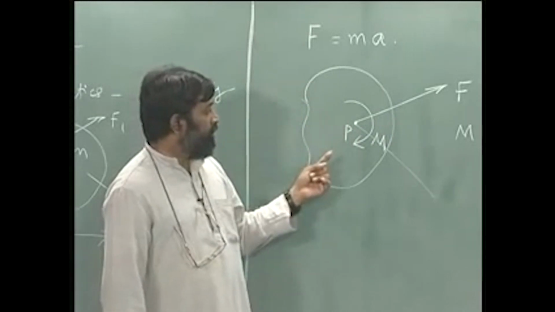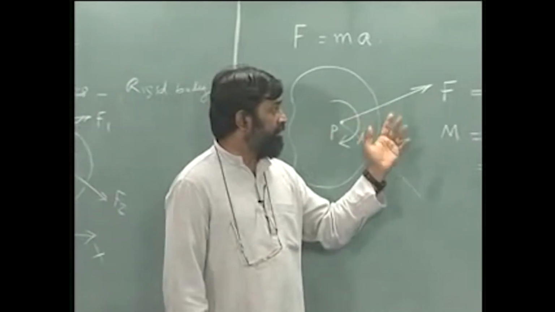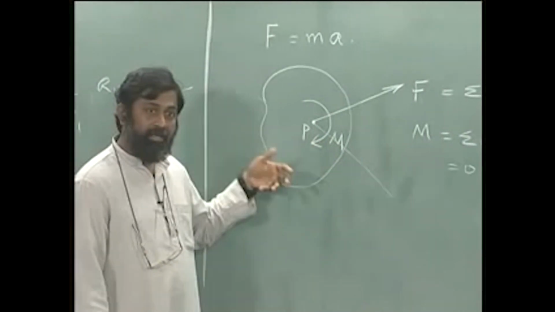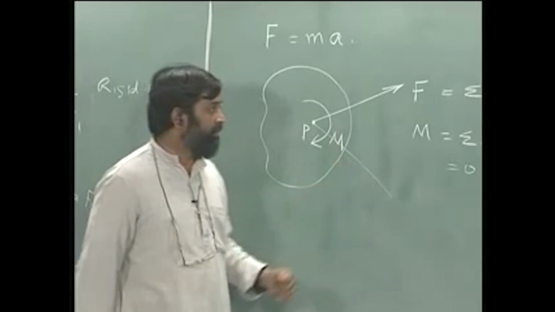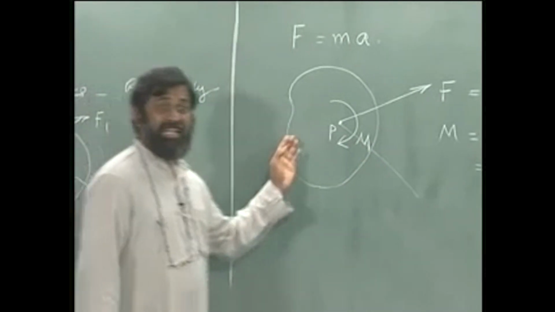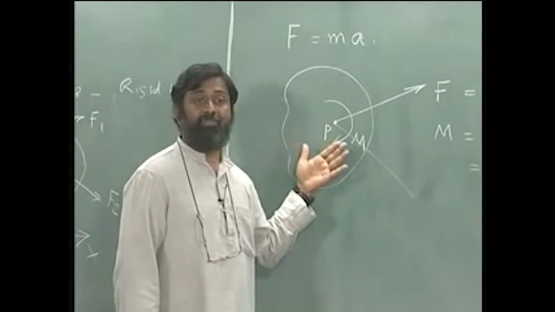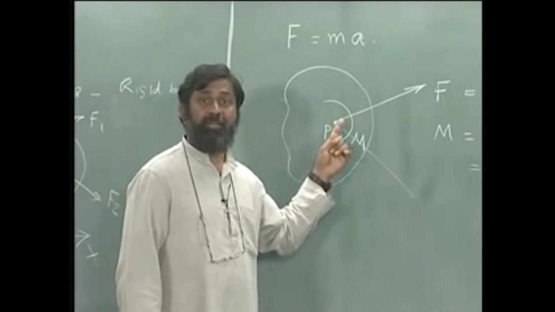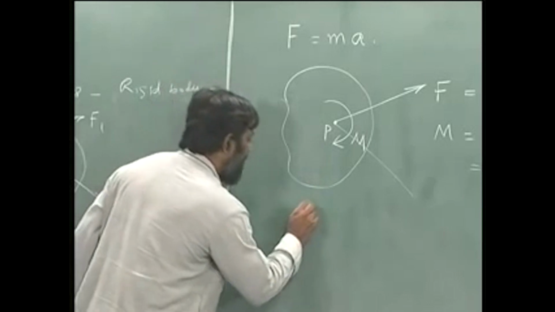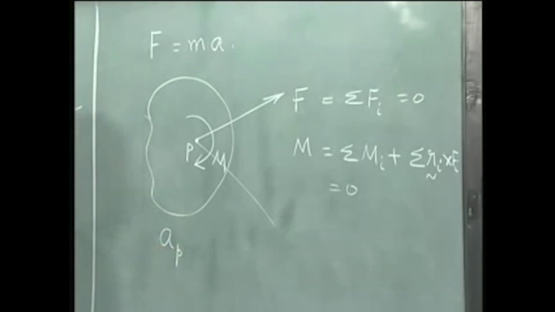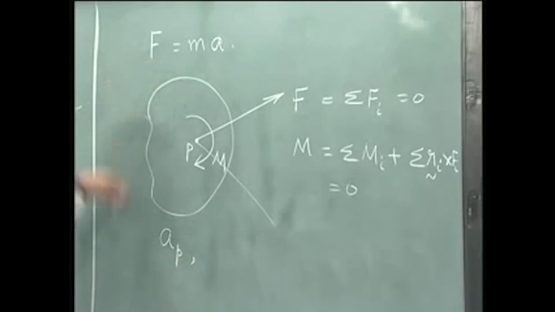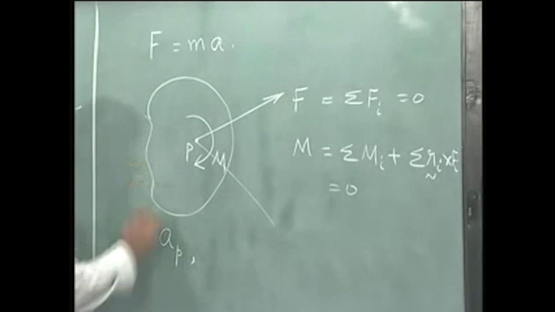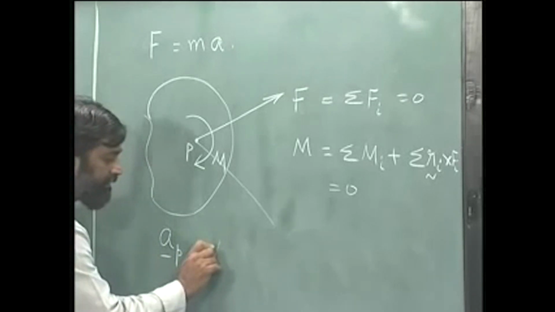And therefore I can attribute the translation to F and the rotation to M, simple. So what should I write? If the translational acceleration of this rigid body at point P is, let us say, AP, it is a vector, and let us say there is an angular acceleration.